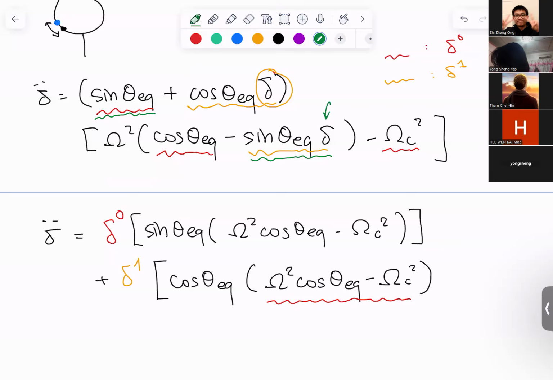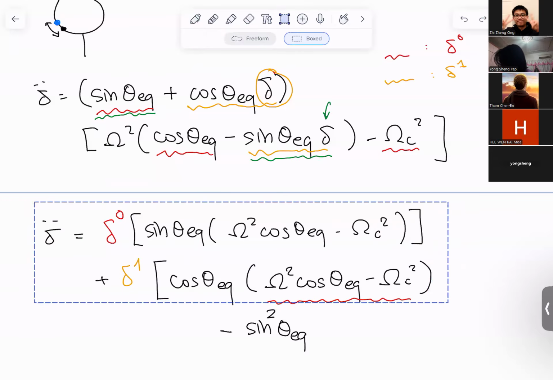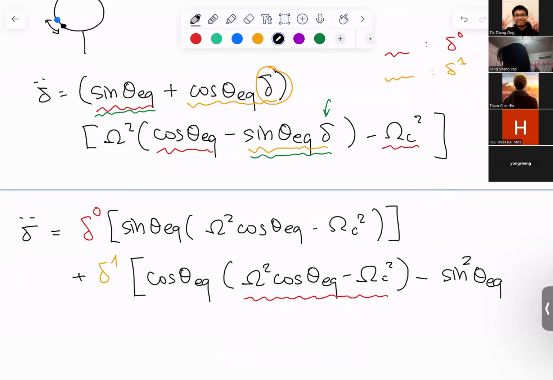So this must be, sorry, it's minus sine theta EQ, sine squared theta EQ. Sorry, if there are questions, please ask, because I don't know how clear that was. So this is basically the green part.